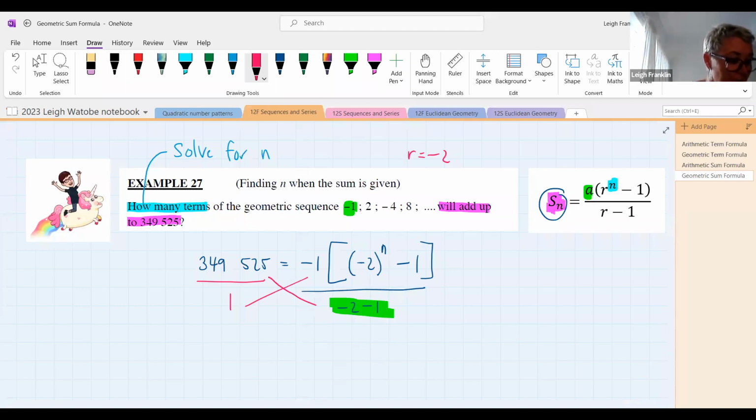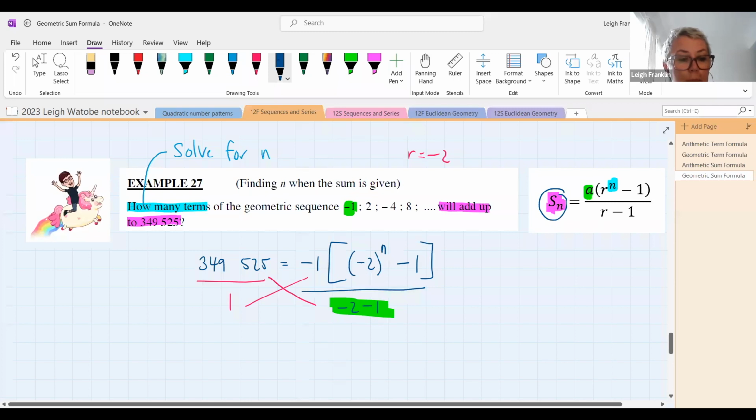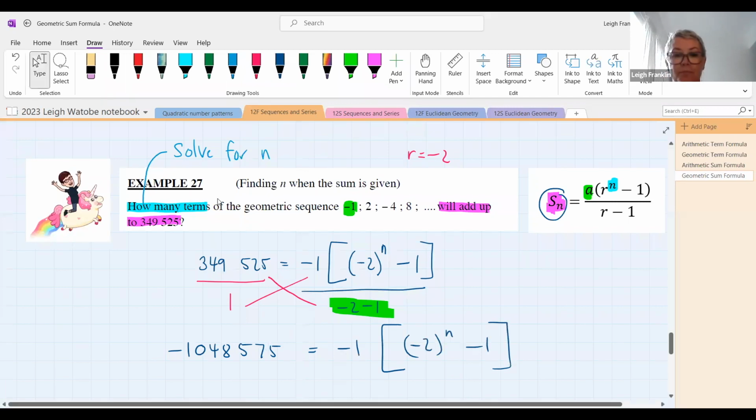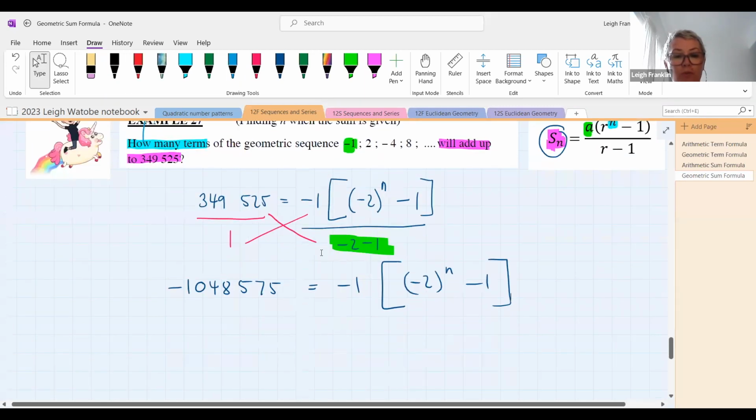So -3 times 349,525 leaves me with that big number, -1,048,575, is equal to -1 times -2 to the n minus 1, like so. So now I've cross multiplied.